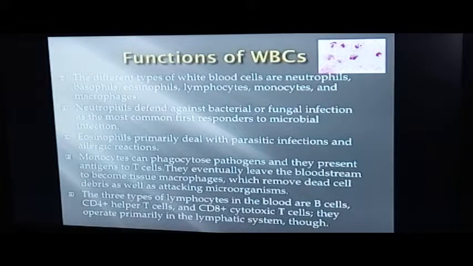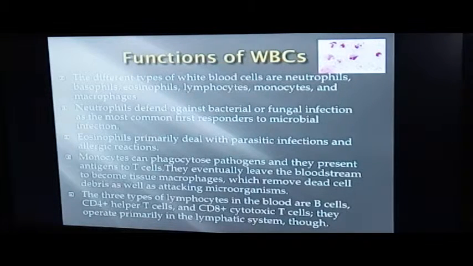Right? So they are the things that attack bacteria and fungus. Eosinophils deal with parasitic infections and allergic reactions.